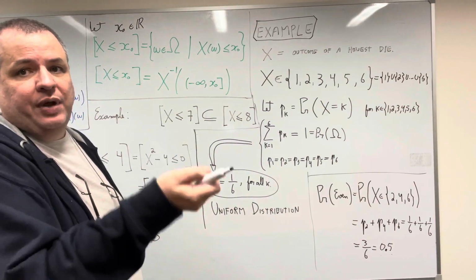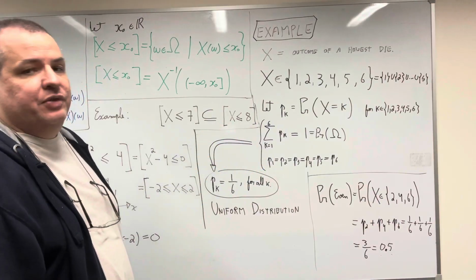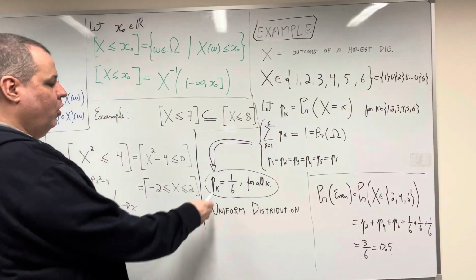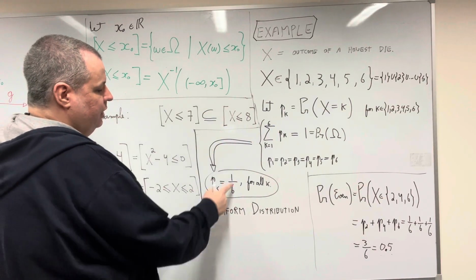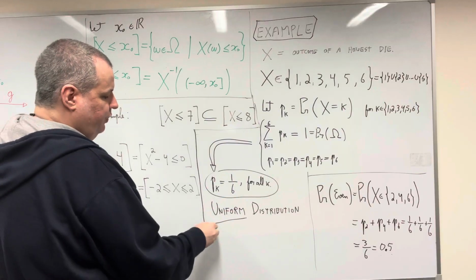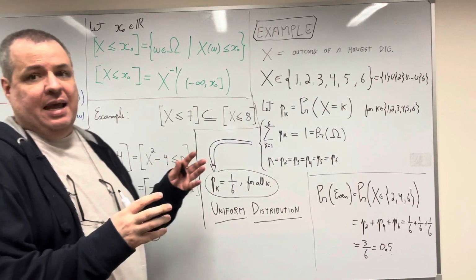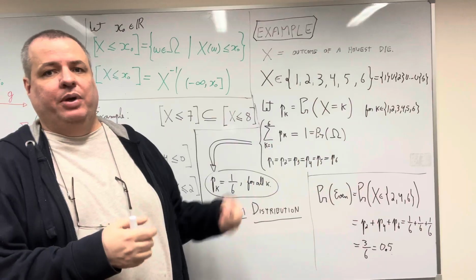The probability of having 3 is 1 over 6. The probability of having 5 is 1 over 6. For all k, the probability of having k as the outcome is 1 over 6. That's what we refer to as the uniform distribution in a finite set, where each point has exactly the same probability as any other point.